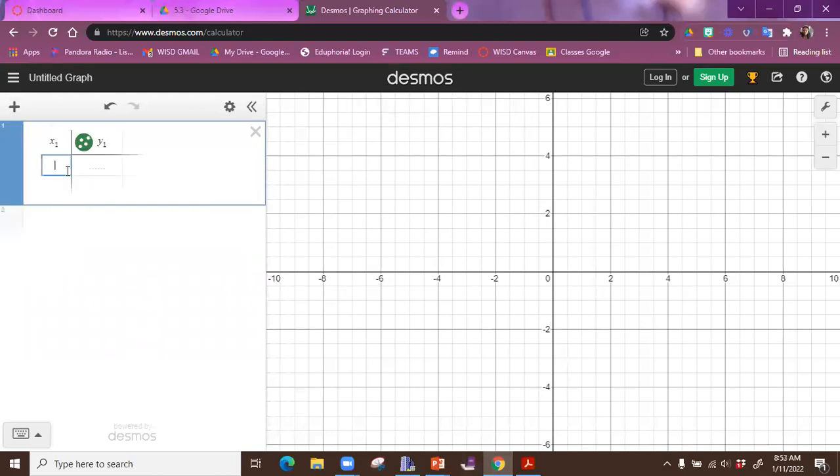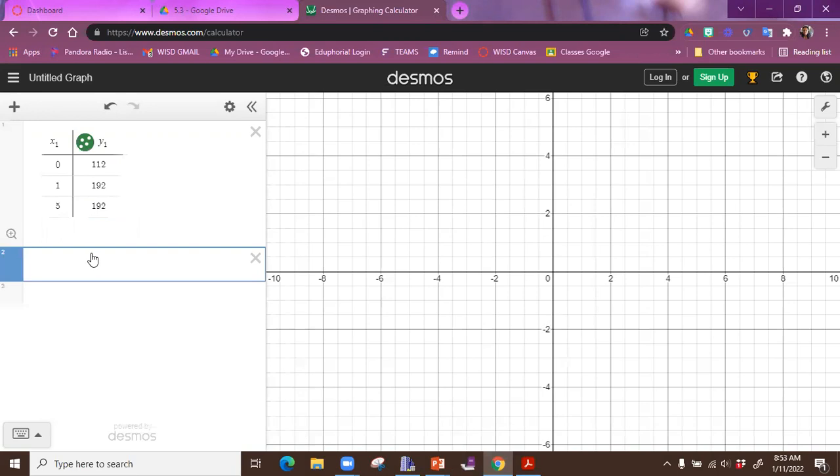And now in my table, I'm putting in 0, 1, and 5 for X. And I'm putting in 112, 192 for my Y1s.